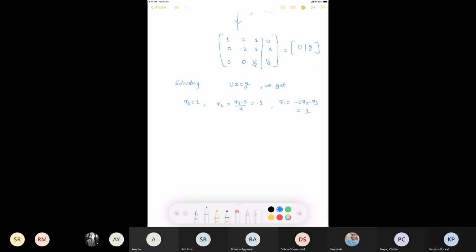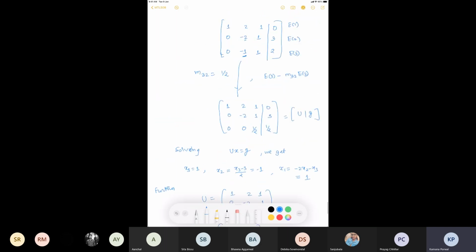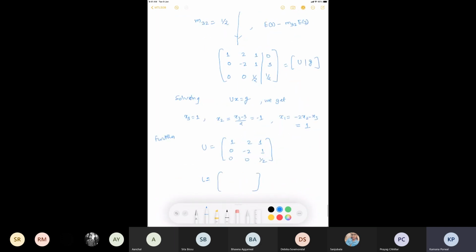Okay, so this basically gives the solution of this system. You can also note that we have this matrix U as (1, 2, 1), (0, -2, 1), (0, 0, 1/2). And you can form this lower triangular matrix using these coefficients. We have got 2, -1 and 1/2.